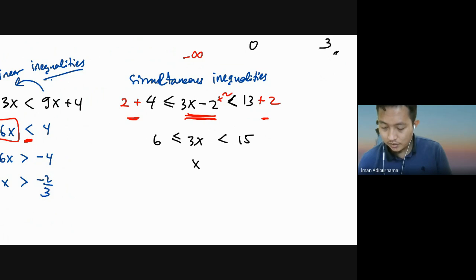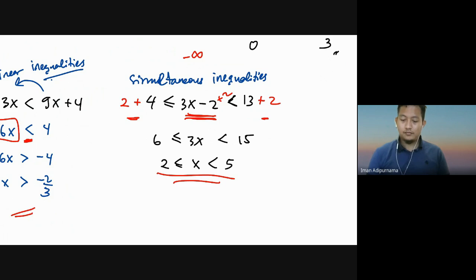So it will be x. Okay. For linear inequalities, or simultaneous inequality but linear, I think it's still doable, not really that complicated.